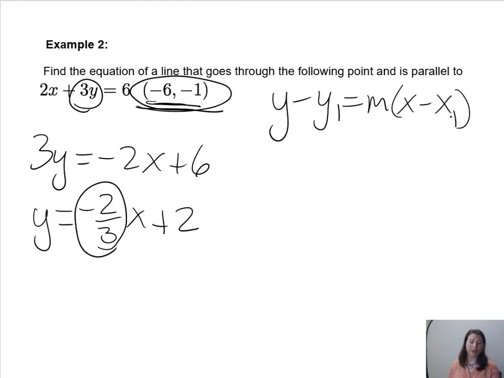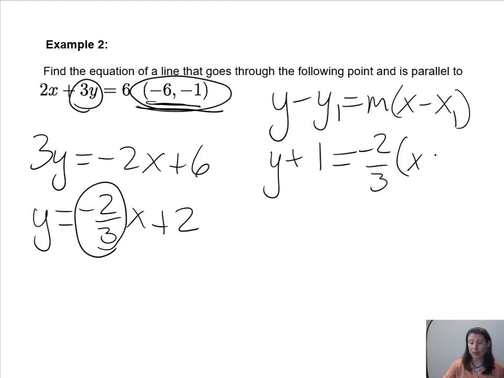I prefer doing it this way because that's the information we have, and I always found it a little easier. So we have y, and then the point has a negative 1 value, so plus 1 is equal to, the slope is negative 2/3 x minus negative 6 for the x value, so plus 6.